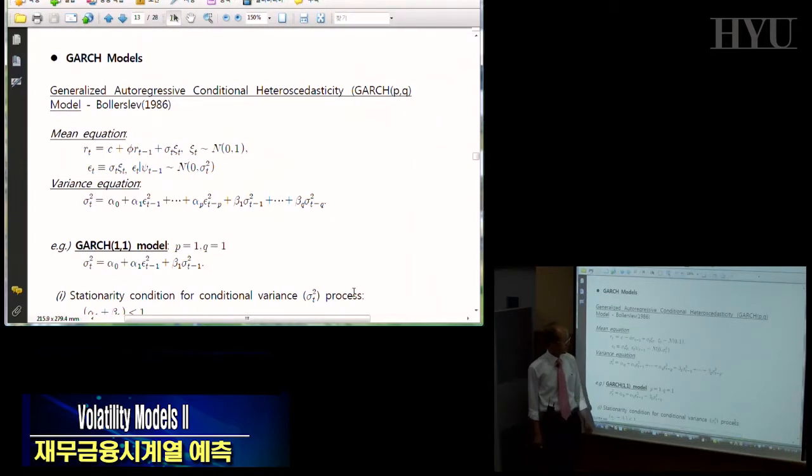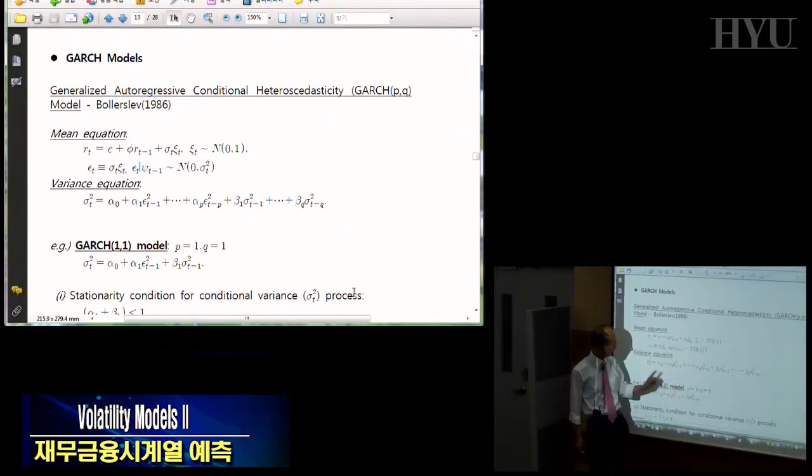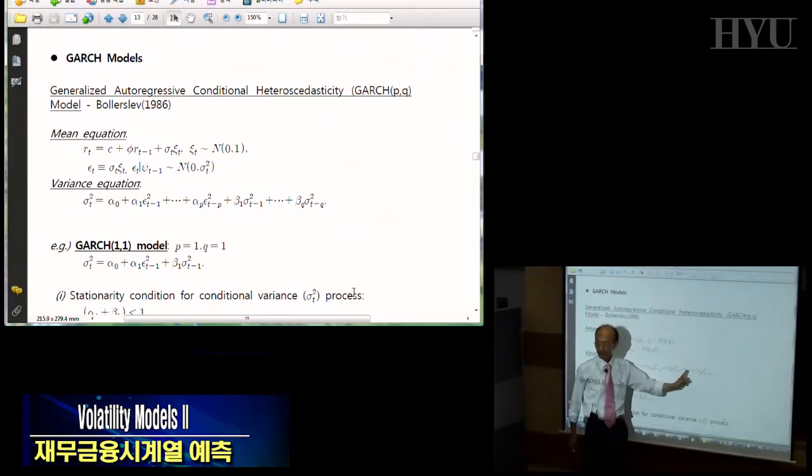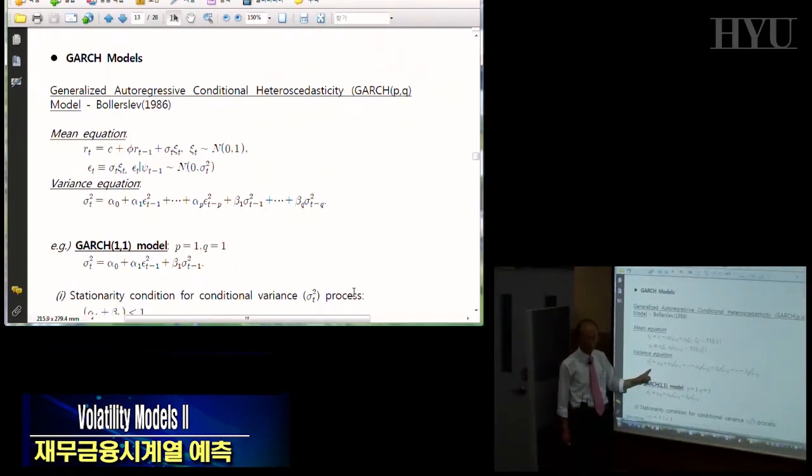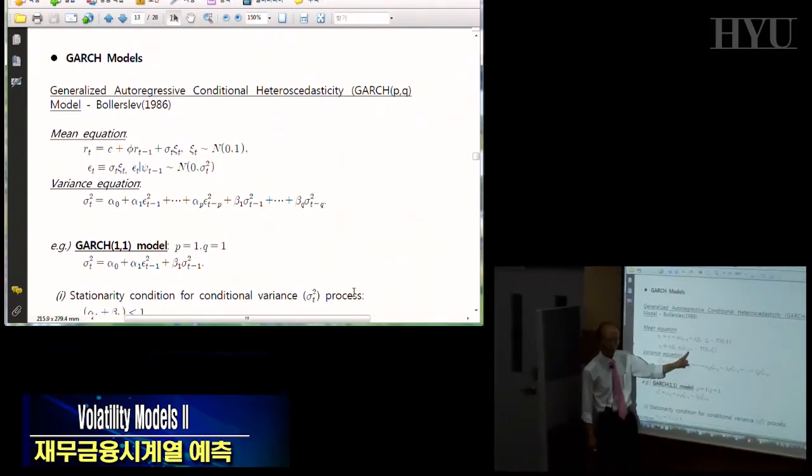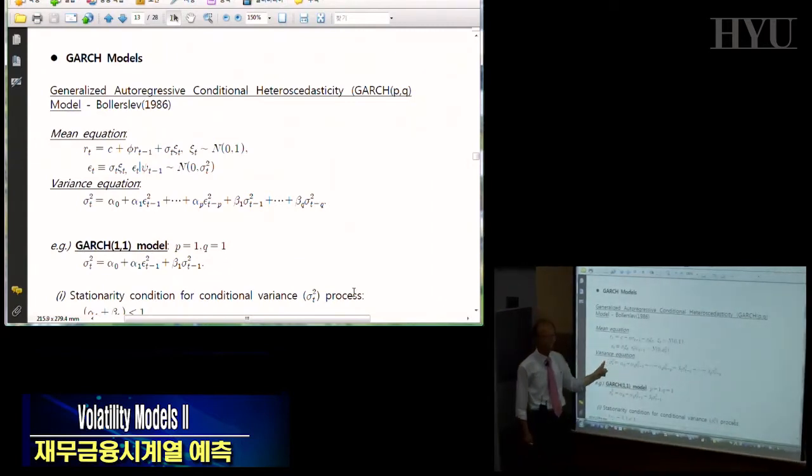And suppose you have information about previous error terms up to this lag and previous volatilities. Then given parameters, this number with this assumption is a known number, right? All information up to t minus 1 is known, right? So known information, known parameters. Then this one is known at time t, right?